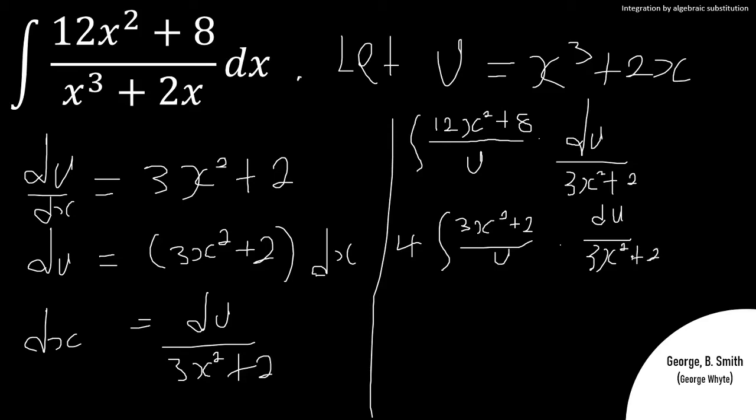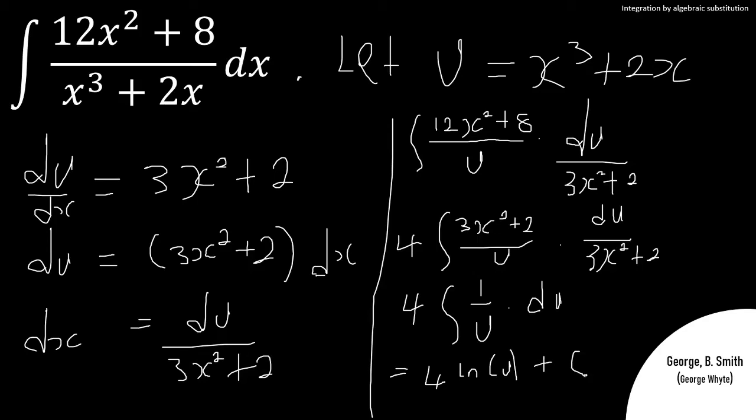So you can guess by now that 3x squared plus 2 will cancel out 3x squared plus 2. What we have now is 4, the integral of 1 over u times du. Okay, so integrating 1 over u will give us ln u. So our result here becomes 4 times ln u plus c.